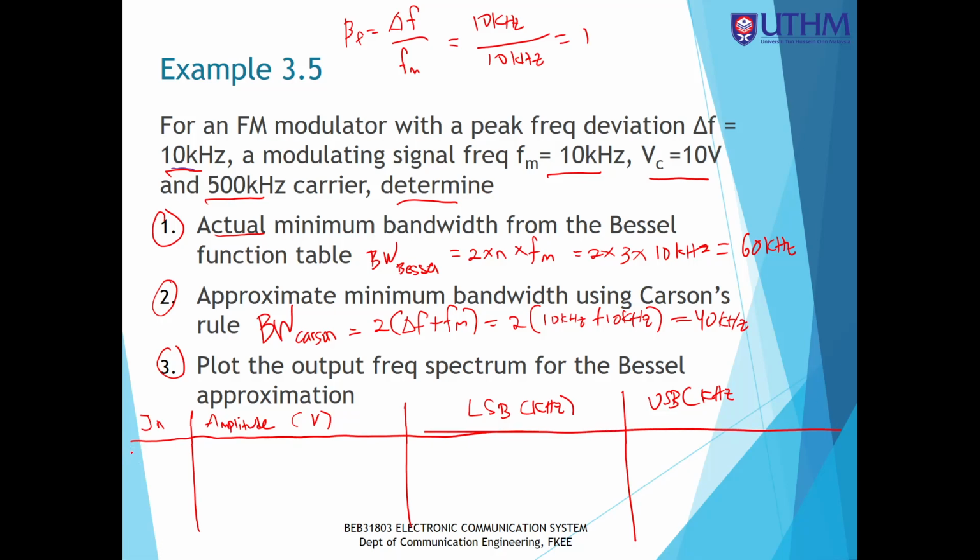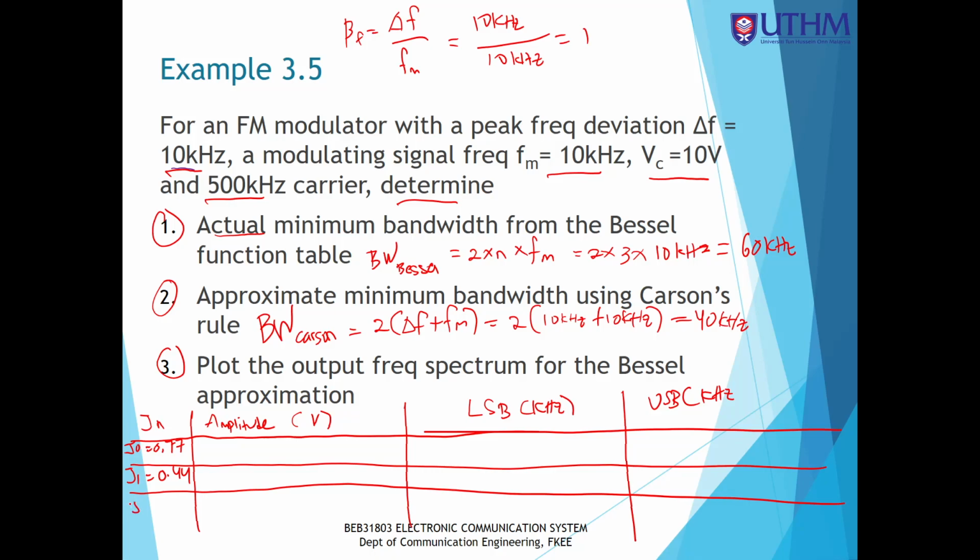From the Bessel table, J0 is equal to 0.77, J1 is equal to 0.44, J2 is equal to 0.11, and J3 is equal to 0.02.